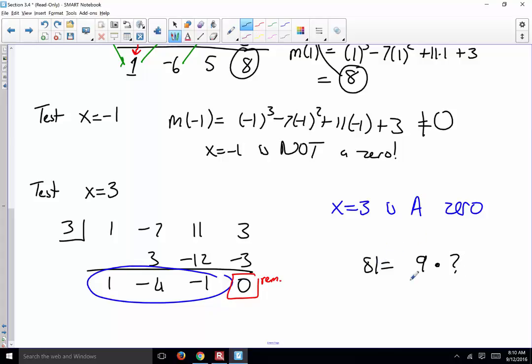Or make a simpler example. If I say 21 and you caught the 3 first, this is the entire polynomial. You caught the first one. How do you catch the other ones? How do you get the other factors? We divide both sides, 21 by 3.